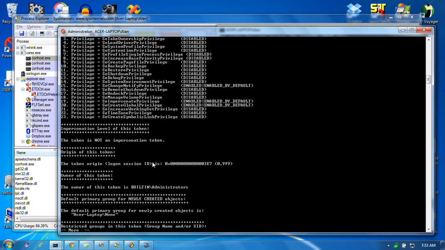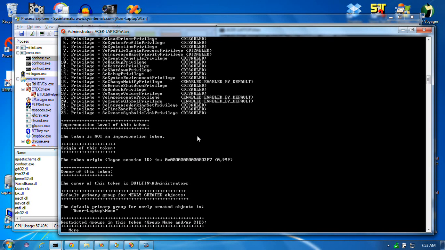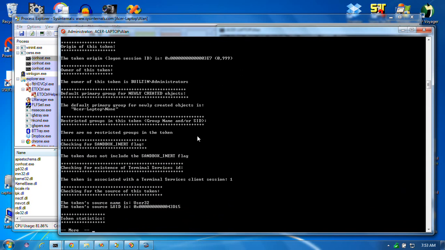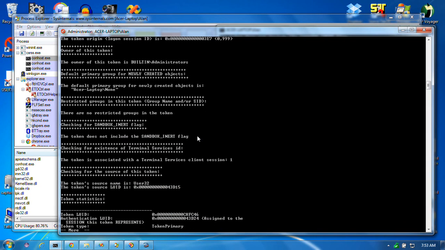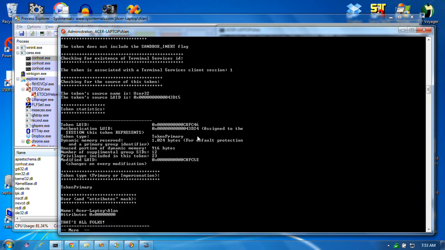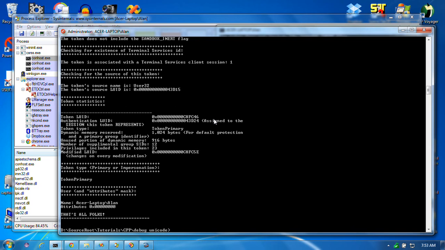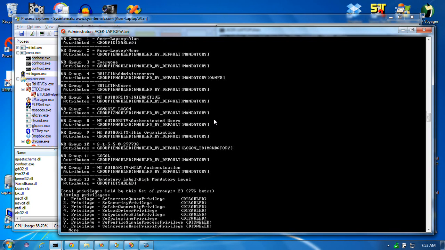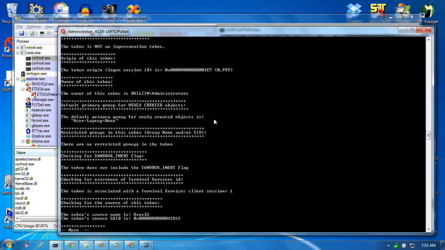Same primary group, owned by built-in administrators, same logon session ID, same everything, source name, all that's the same. And where's my SID? Isn't it listed in there somewhere? It turns out that this one has the same security identifier, but I don't have it printed out.